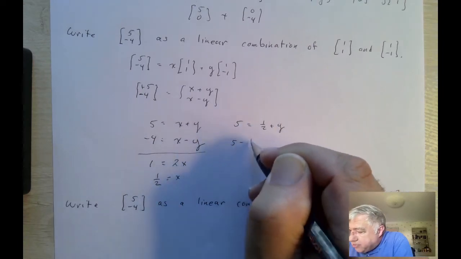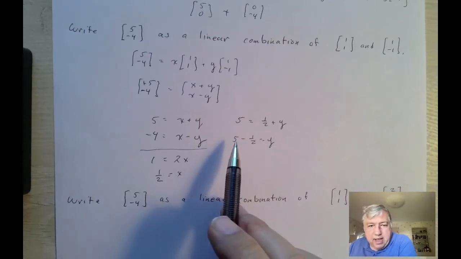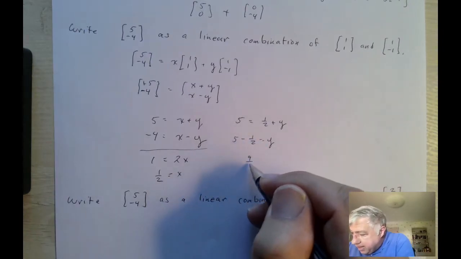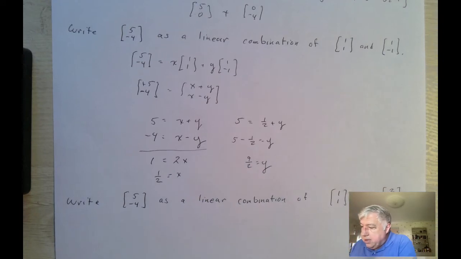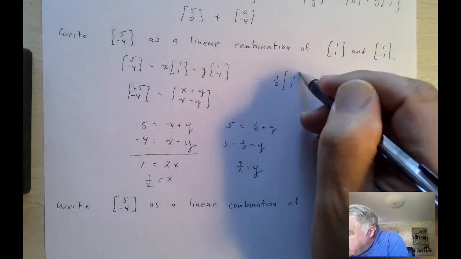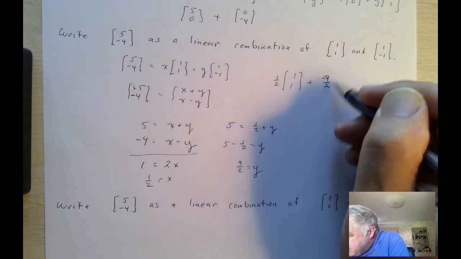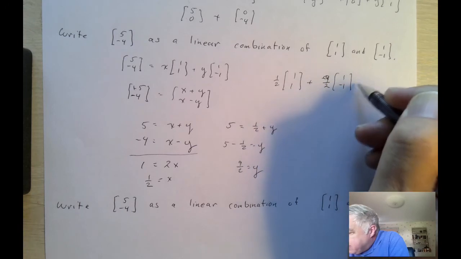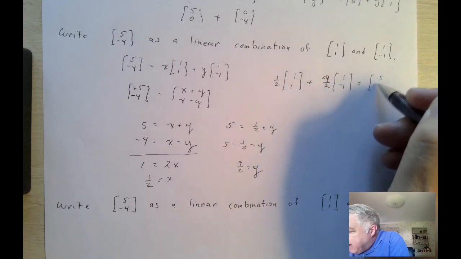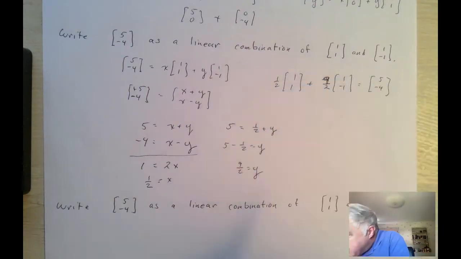So 5 minus 1/2 is y, and get a common denominator. This is 10 halves minus 1/2. That's 9 halves. And so sure enough, we get 1/2 times 1, 1 plus 9 halves times 1, negative 1 is equal to 5, negative 4. Should get 9 halves.